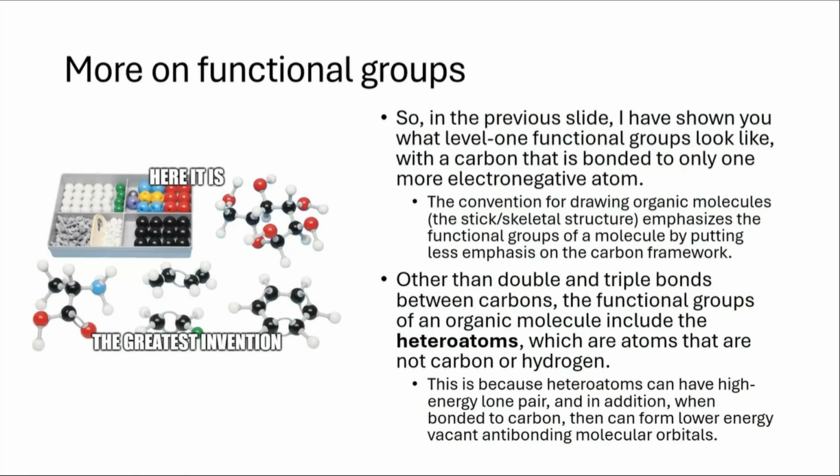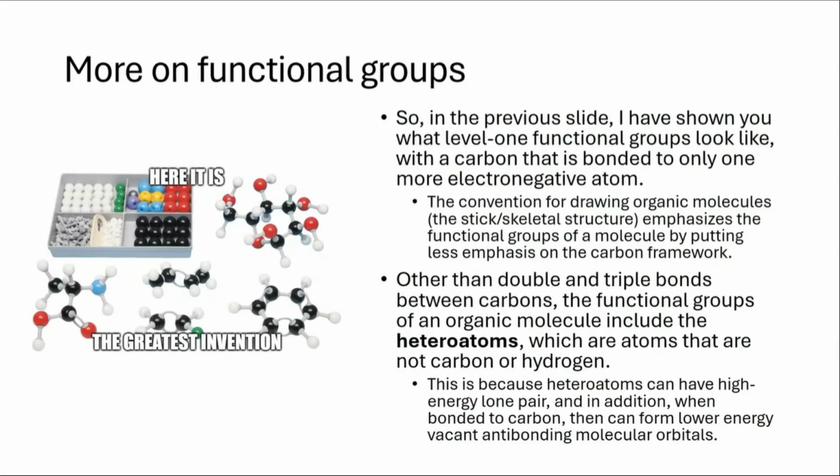Other than double and triple bonds between carbons, the functional groups of an organic molecule can include the heteroatoms, which are atoms that are not carbon or hydrogen. And this is because heteroatoms like oxygen, sulfur, or nitrogen can have high energy lone pairs, and in addition, they can form lower energy vacant antibonding molecular orbitals.